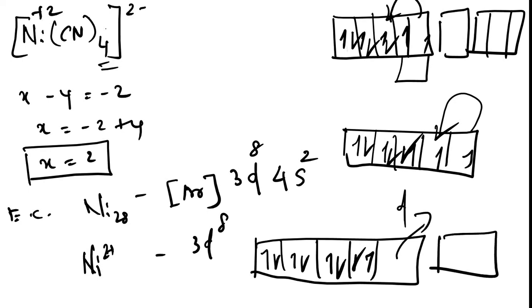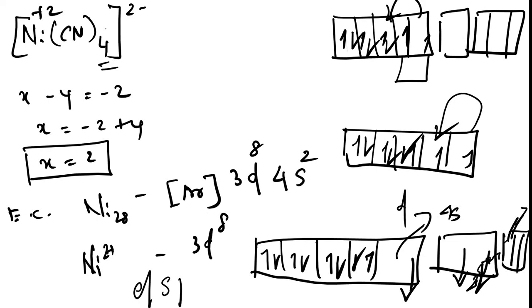And here this is the s orbital, and this is the p orbital. So dsp. Now it is a tetra compound, that is a four-ligand compound. 4 ligands are there, na? CN4. So one it can take here, only one it can take here, and the remaining two it can take here. So it will be dsp2 configuration.